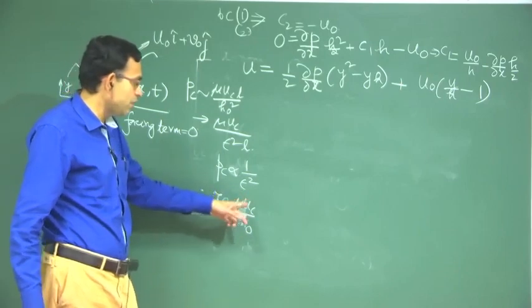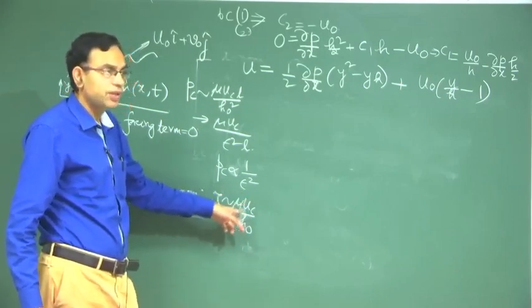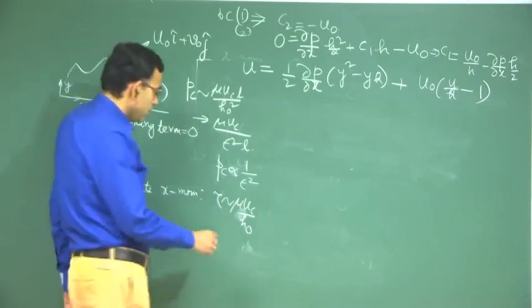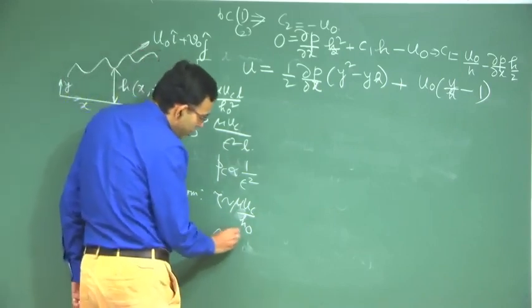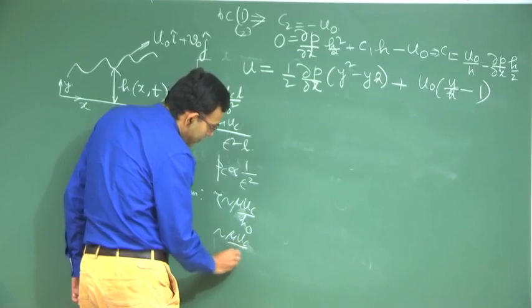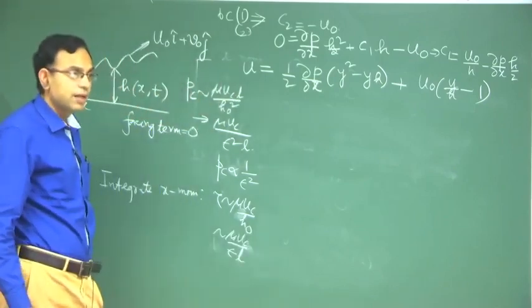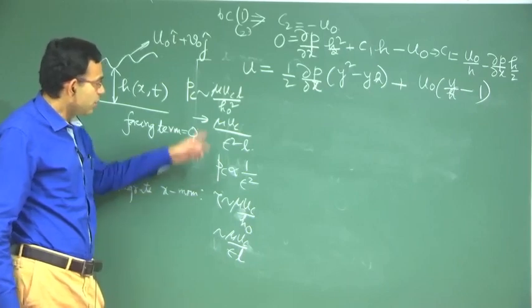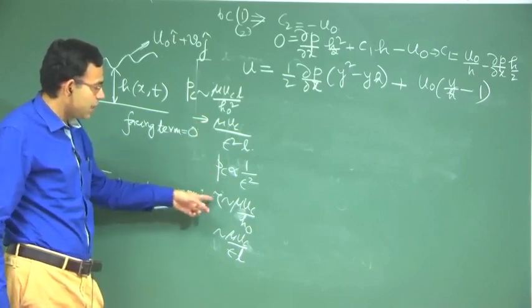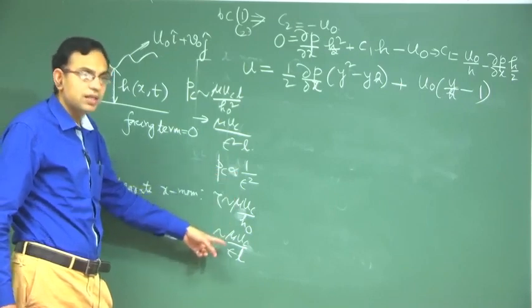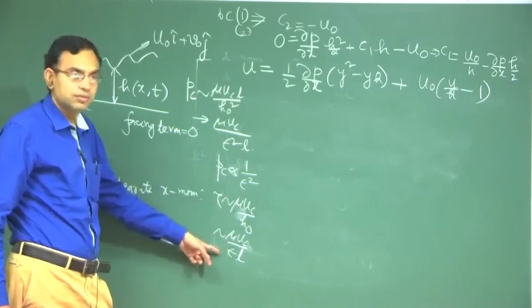This is like mu du dy, scale of du dy is UC by H naught. So, this is of the order of mu UC by epsilon L, right. So, if you compare the effect of pressure and effect of shear, the pressure scales with 1 by epsilon square and the shear scales with 1 by epsilon.